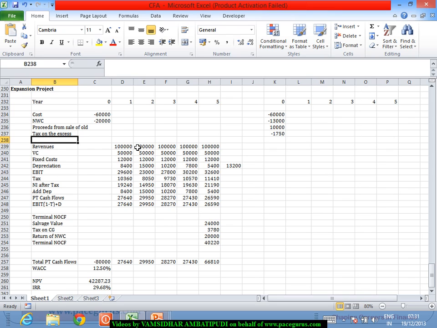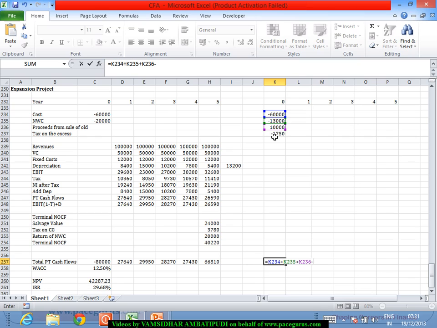So overall, including all these things, my initial cash outflow was this plus this, and I also got the proceeds from the sale, so this is an inflow, and the tax actually I have to subtract, means it is adding up, because that's also a benefit.